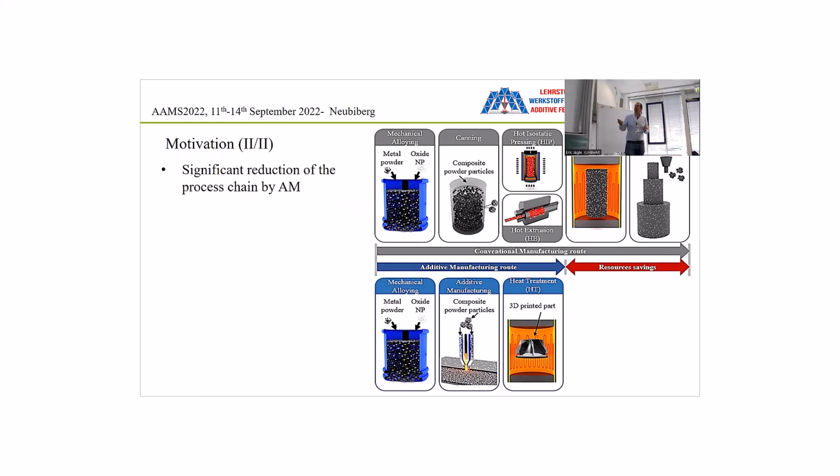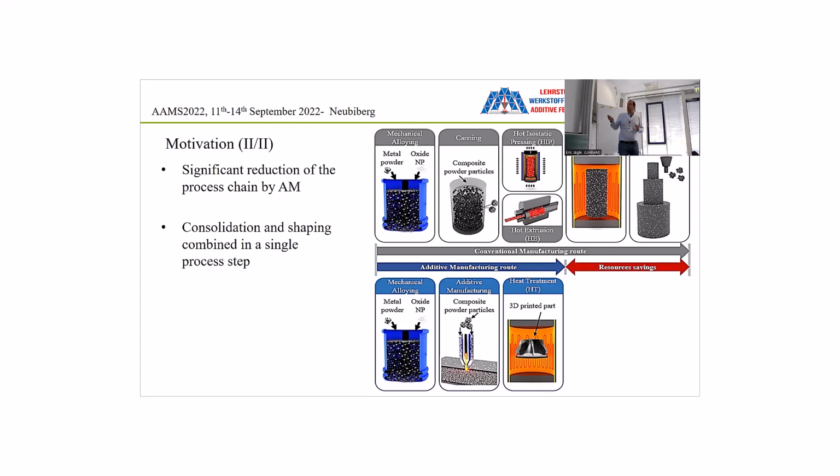Obviously, this production chain is quite long, and with additive manufacturing we have the chance to shorten this significantly. We know from literature that we can produce composite materials with additive manufacturing due to high solidification rates, high cooling rates, and small melt pools. So why should it not be possible with this kind of material?